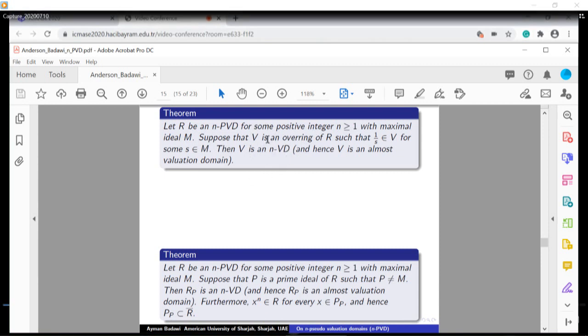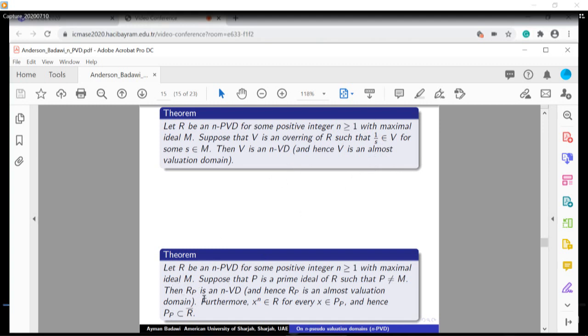Well, when you see this result quickly, you come up to this one. Choose a prime ideal. Suppose P is a prime ideal that is not maximal. Then localizing R at the prime ideal, it's always going to have an element 1 over s, right?